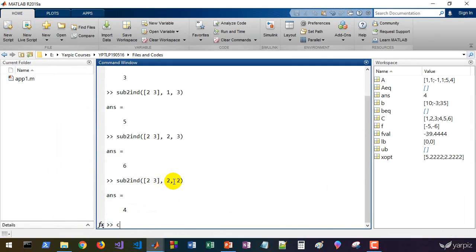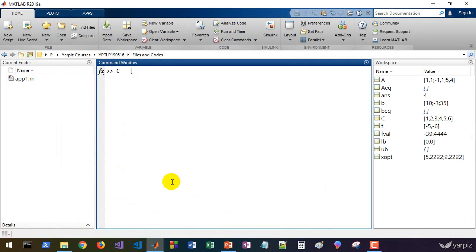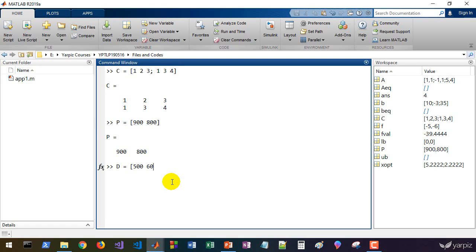Okay, for example, let's define a matrix as 1, 2, 3, 1, 3, 4, and production level equals 900 and 800, and the demands as 500, 600, and 300. And now we are going to create a transportation problem.